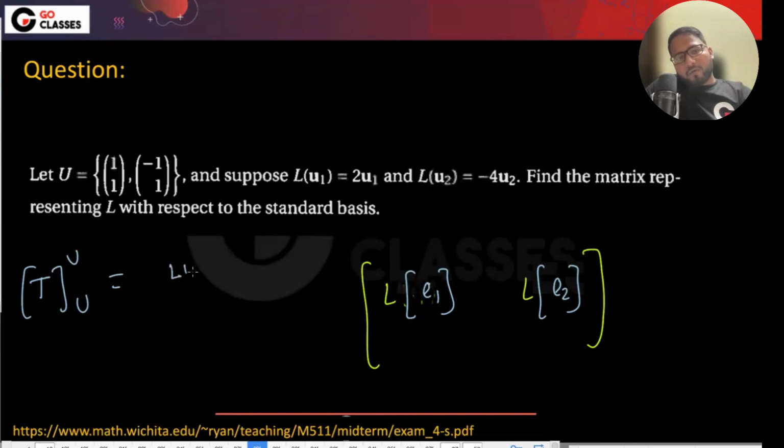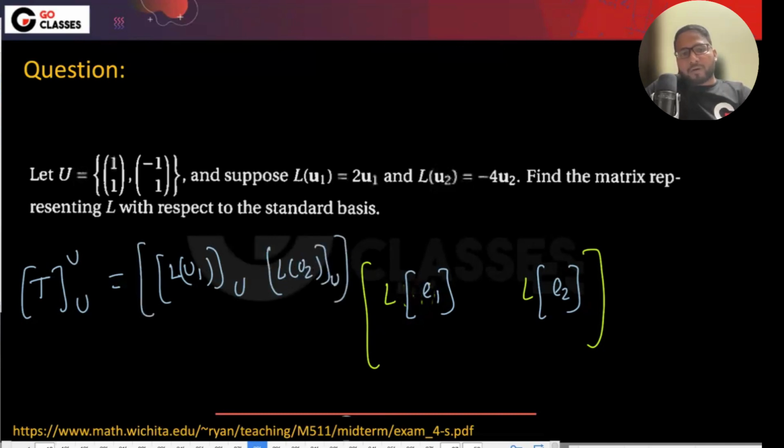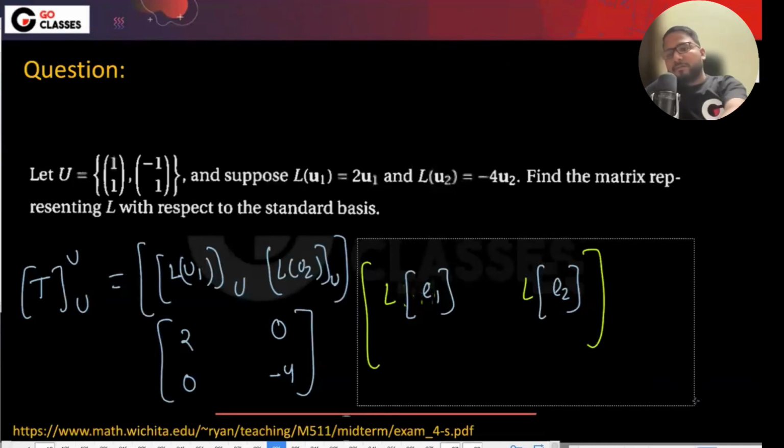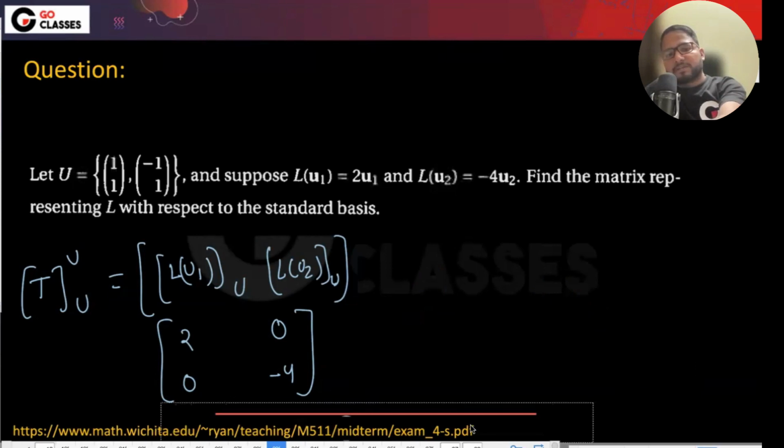It will be L of U1 with respect to U, L of U2 with respect to U. There is no term of U2, so you can say this is 2 and 0, 0 and -4, right? This is with respect to U, isn't it? But they're not asking this. They're asking with respect to the standard basis.